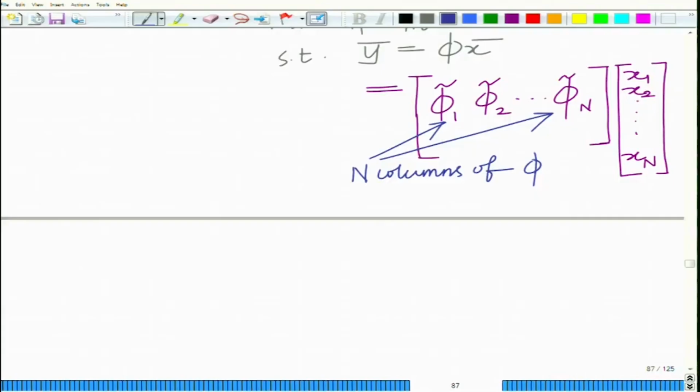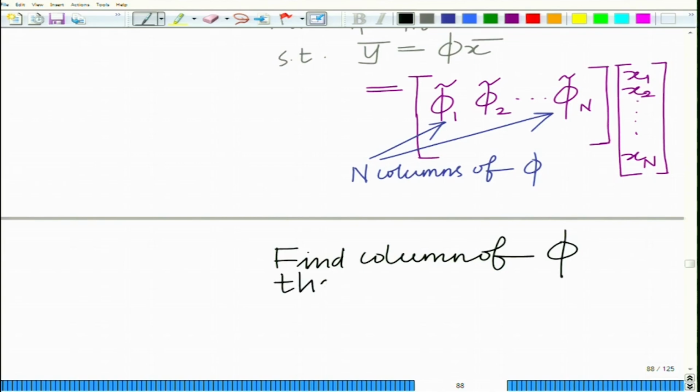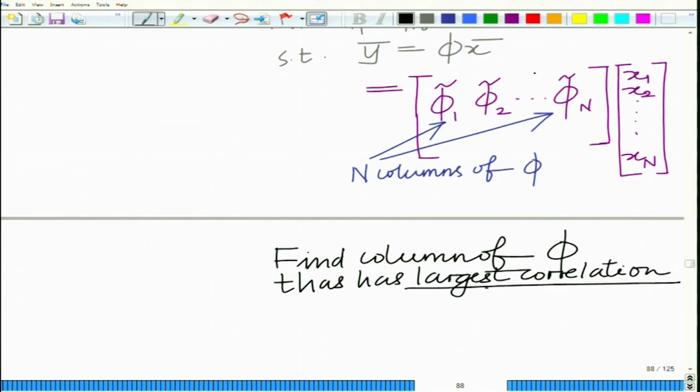So, the way to do that is, we find the column of phi that has the largest correlation, or basically projection, with y bar.